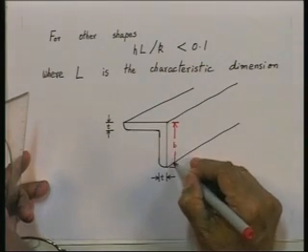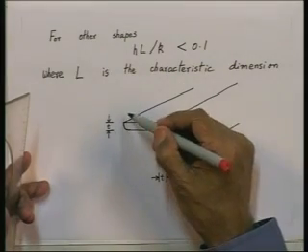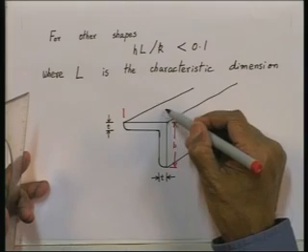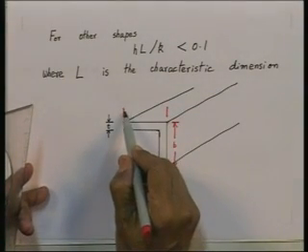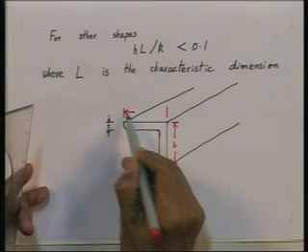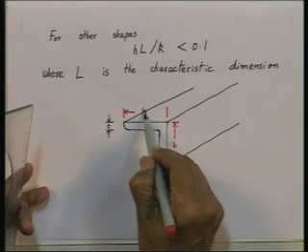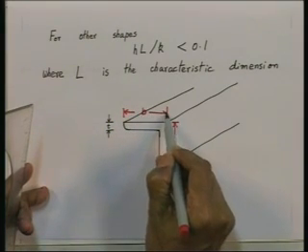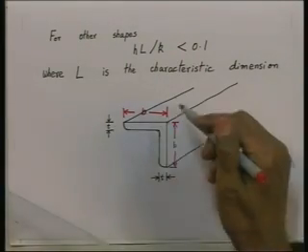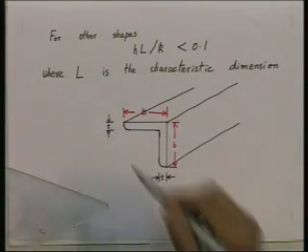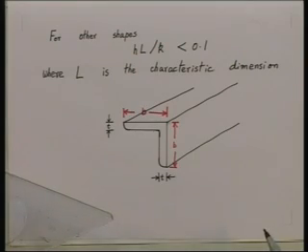It is B in this direction also. It's an angle iron, B and B are the legs and T is the thickness of the angle. It's a long angle iron.